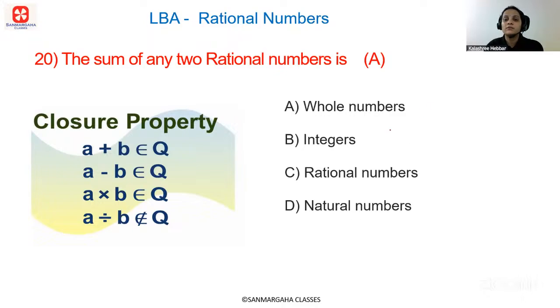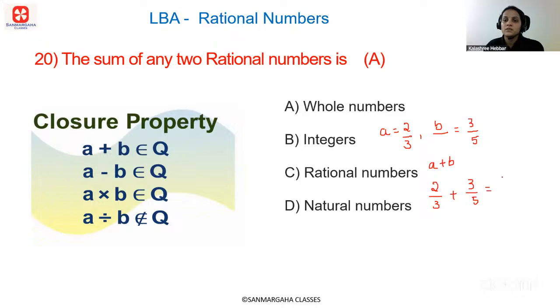Say for example, consider any two rational numbers. A is equal to 2 by 3 and B is equal to 3 by 5 here. So the sum, if you add those two numbers, that is 2 by 3 plus 3 by 5.